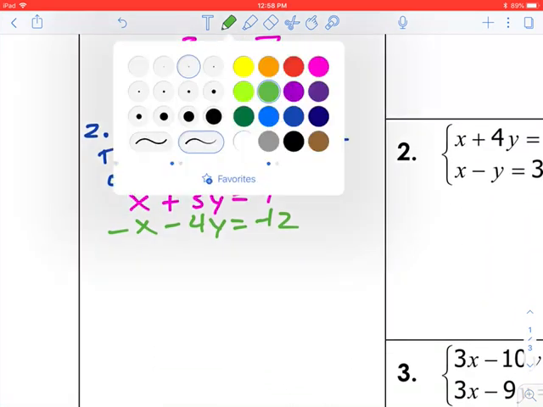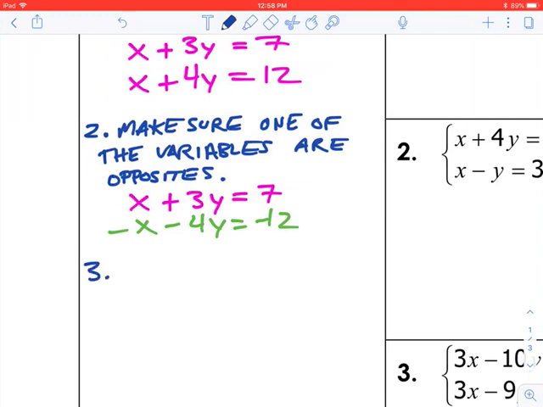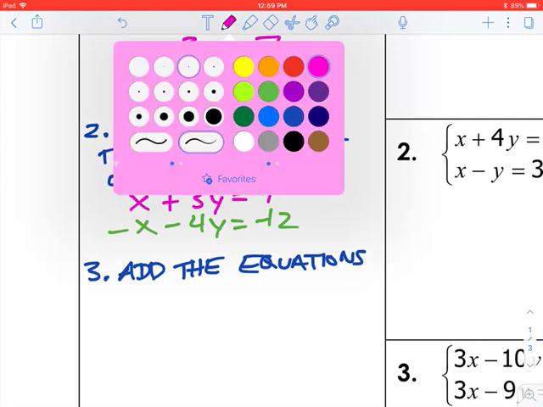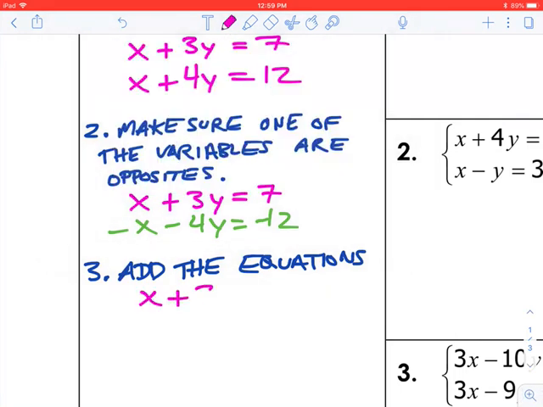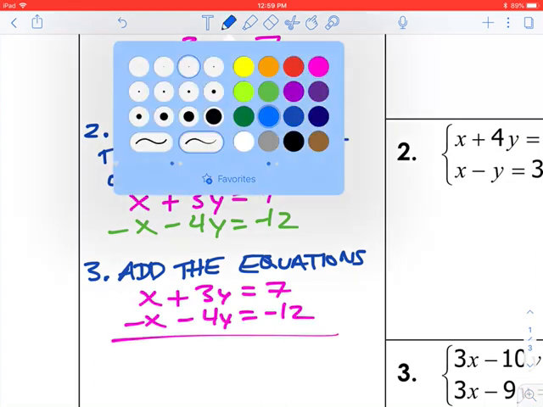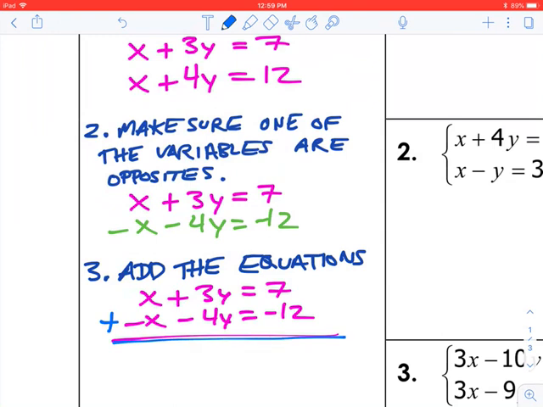So once I've done that and I have them opposite, now we can go ahead and add the equations. Okay, so in our case, I've got x plus 3y equals 7, negative x minus 4y equals negative 12, and I'm going to add the two equations together.